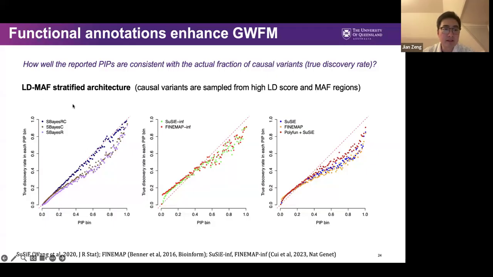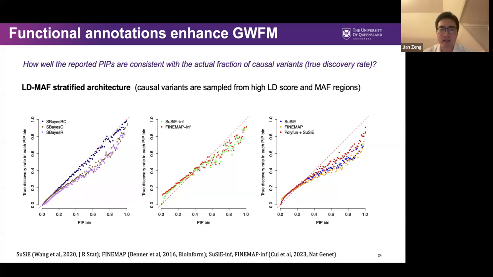Here we did the standard simulation, but just to show you the results when we further challenge the methods by simulating a difficult scenario where the causal variants are sampled only from a high LD and high MAF, minor allele frequency, region.